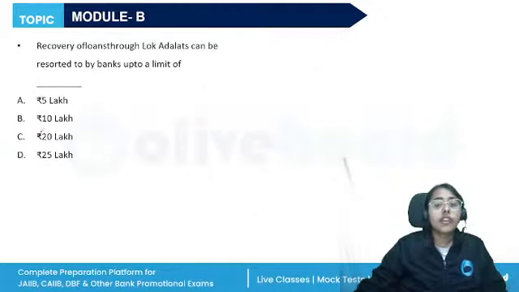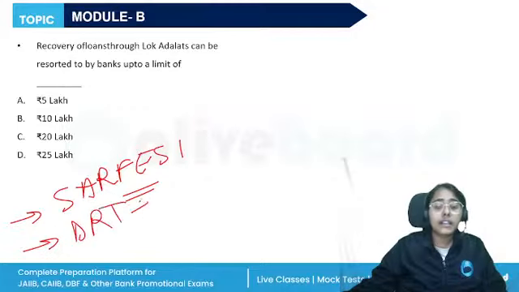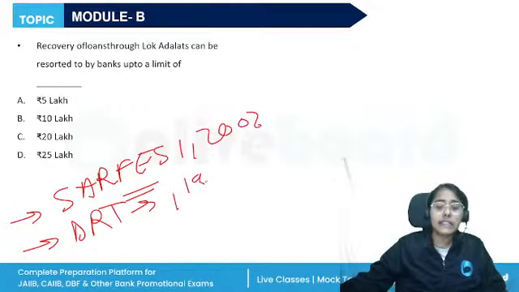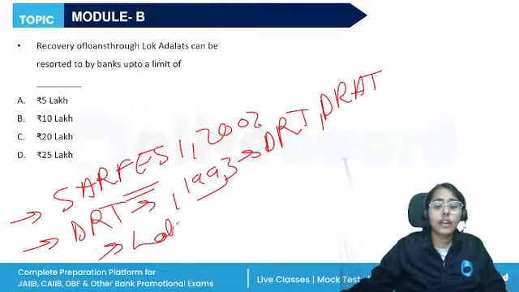Then, the recovery of loans through the lok adalats can be resorted to by the banks up to a limit. So, recovery of loans can be either using the SARFAESI Act, under which the intervention of court is not required, or it can be through the DRT Act, the Recovery of Debts Due to Banks Act of 1993, SARFAESI 2002, 1993 DRT Act, wherein special courts DRT and DRAT are created, or it can be through the lok adalat.